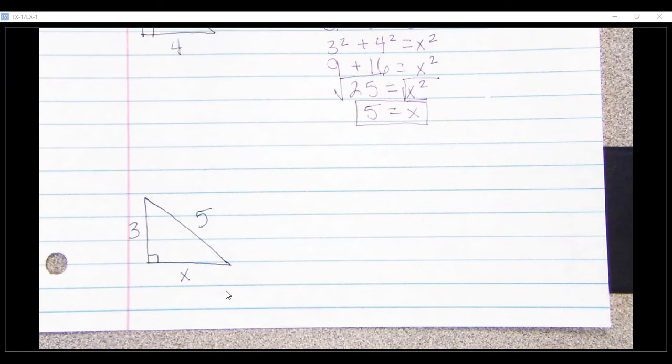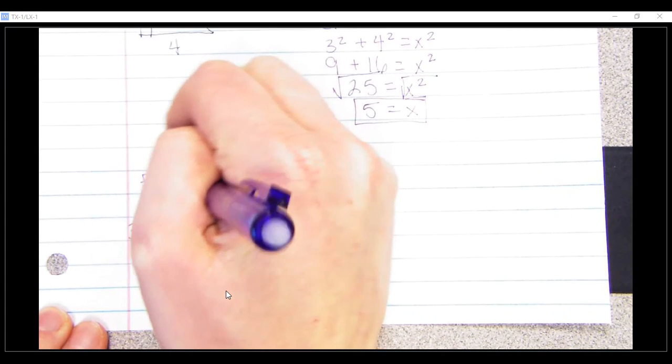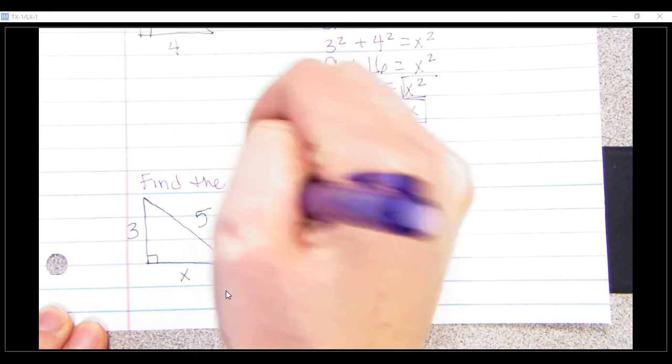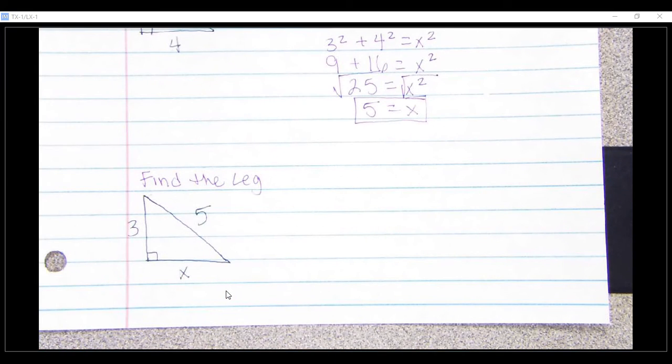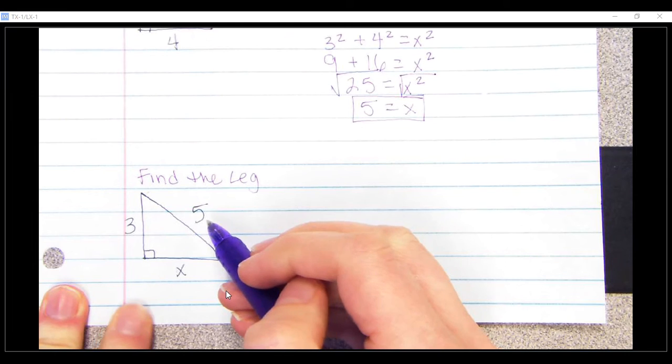Now we're going to find the leg. In this case, we're given the hypotenuse and a leg, but we don't have the other leg value. So we're going to use similar steps. The first step is identifying the a, b, and c. In this problem, we have the 5.